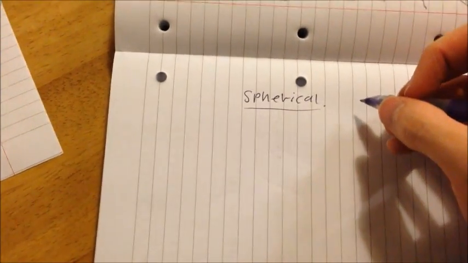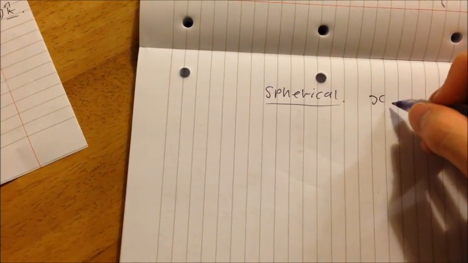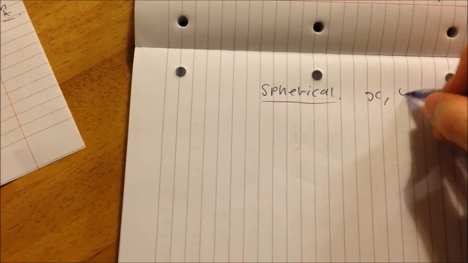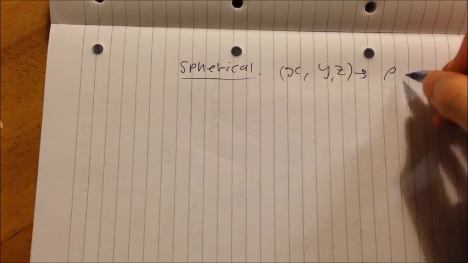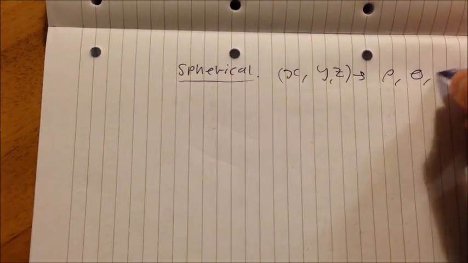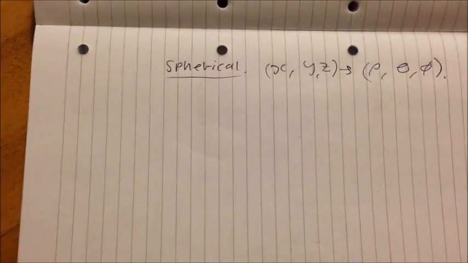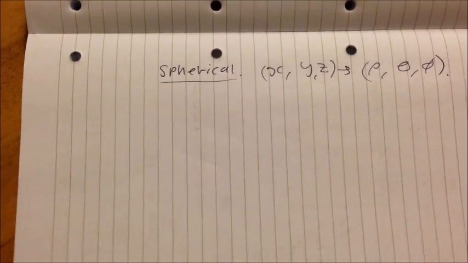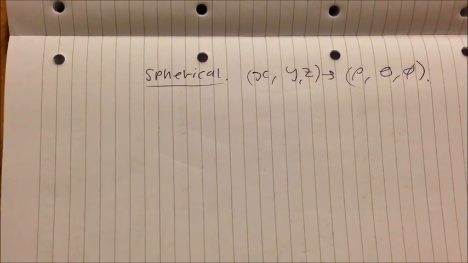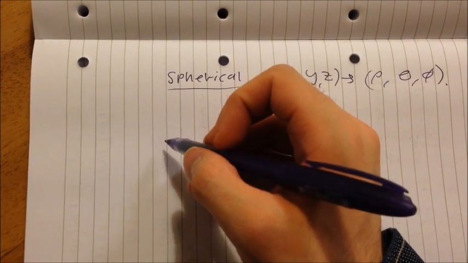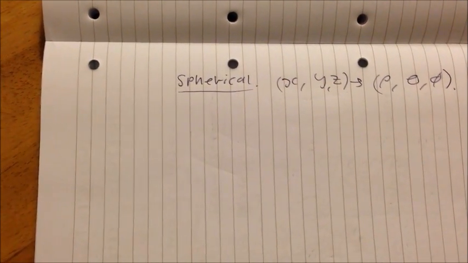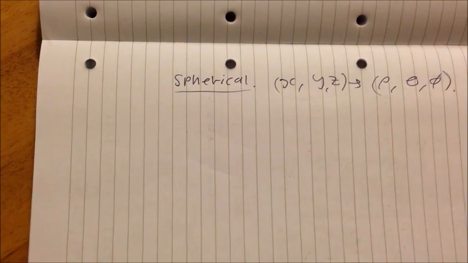Just to remind myself of what I'm doing, I'll write spherical and the axis, the components which are being changed, x, y and z, are going to rho, theta, phi. And let's draw the axis again. Let's draw the spherical unit vectors in the Cartesian plane.